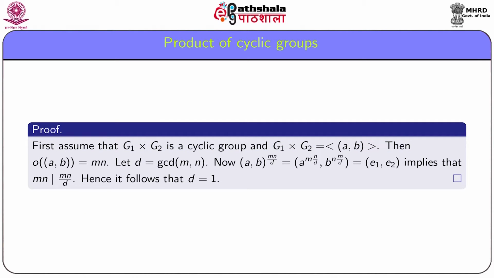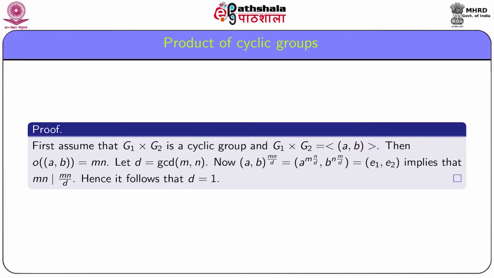First, we assume that the Cartesian product G1 cross G2 is a cyclic group and it is generated by the pair (a, b). So, the order of the pair (a, b) is equal to the order of the group G1 cross G2, that is equal to mn.